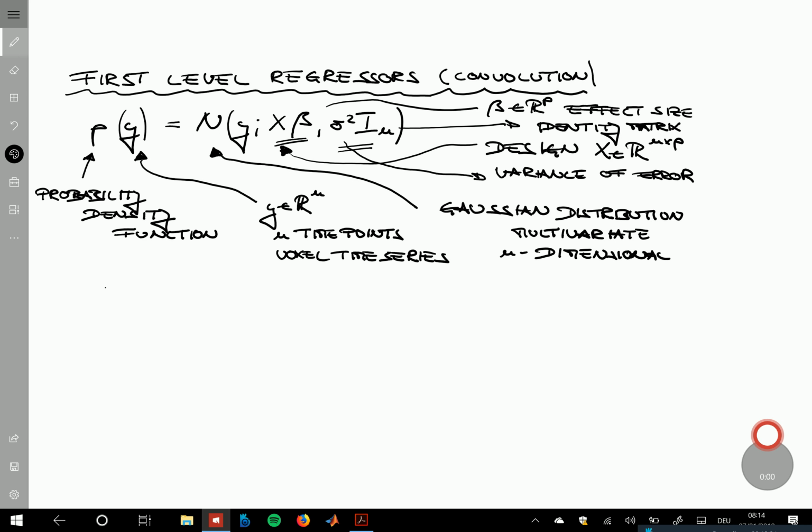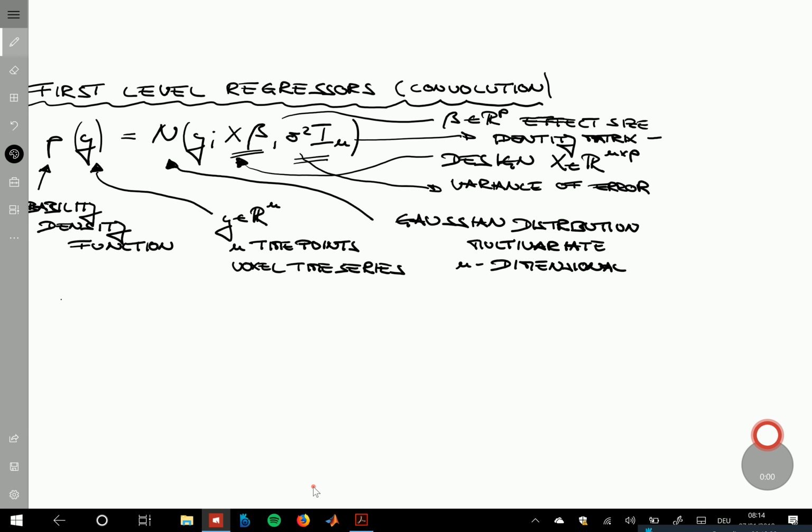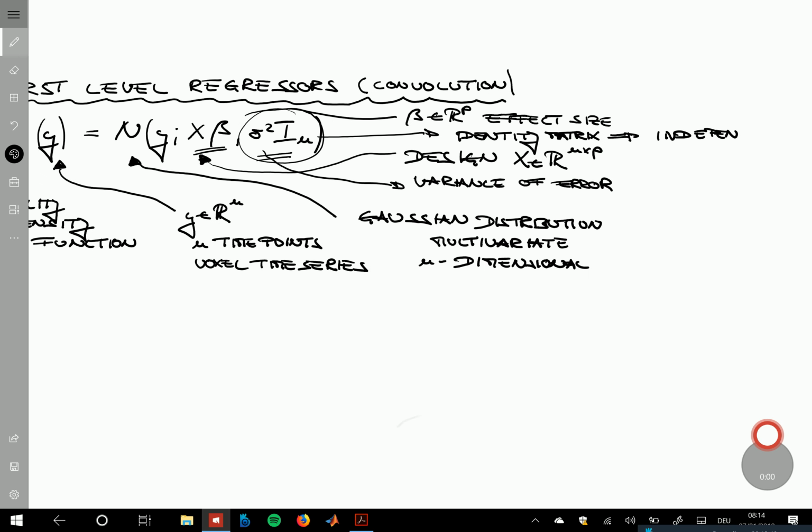That's the important thing that the spherical covariance matrix, as this whole thing is called, encodes. So there are independent error contributions. The error that is added to the value that is predicted by the model at time point 10, and the error that is added to the prediction of the model at time point 11, they are independent.